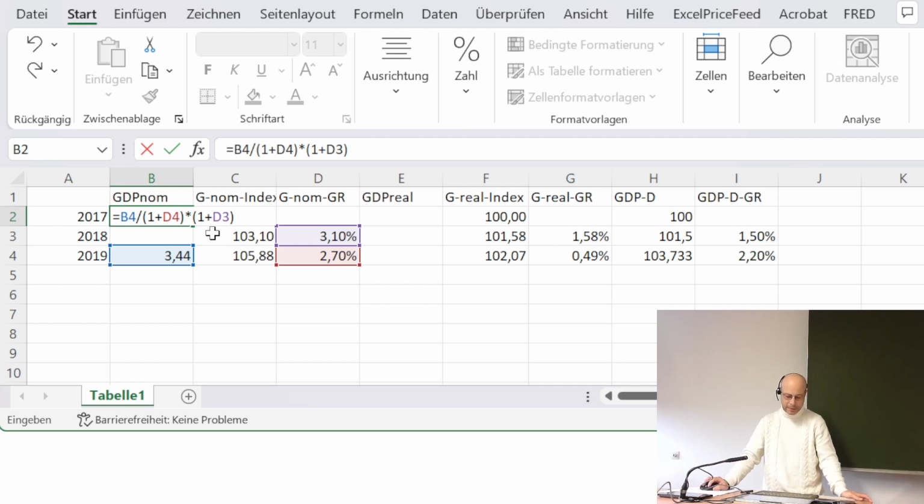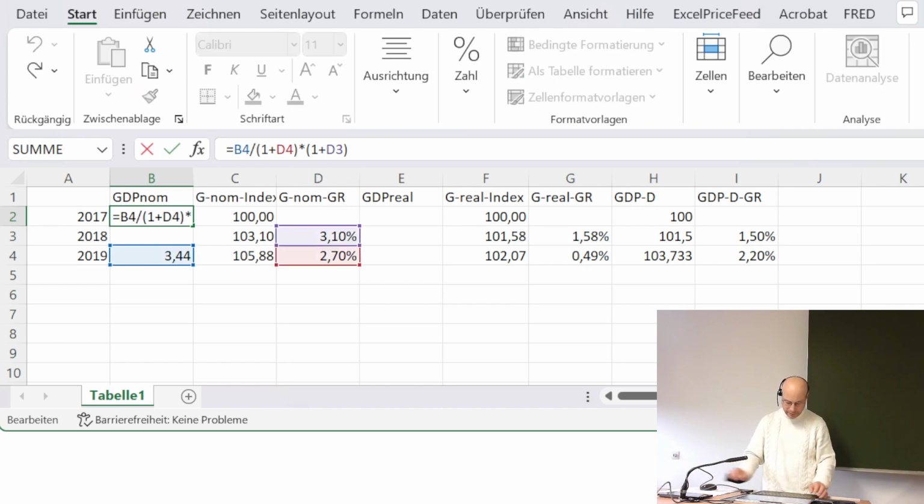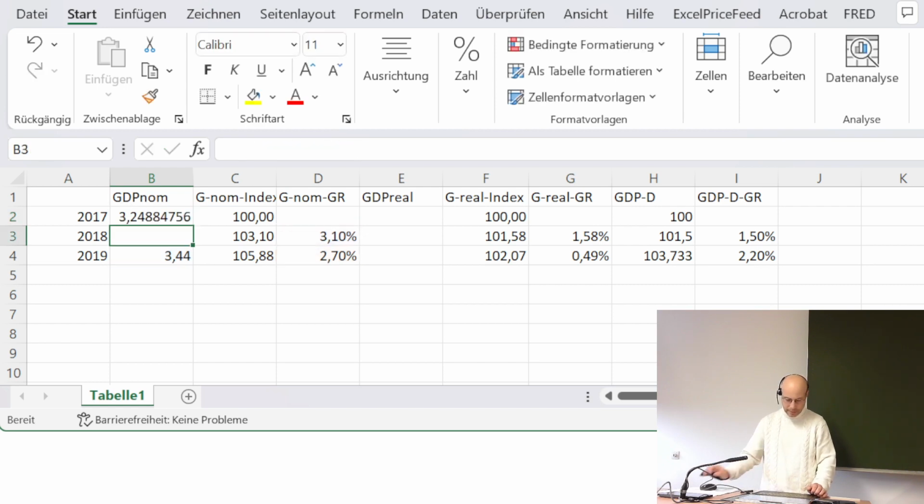So right now, if I press enter here, Excel just multiplies our number with 1 plus 3.1%, and therefore we have to insert here also these brackets, so that we really obtain the number that we twice divide by the growth factor.